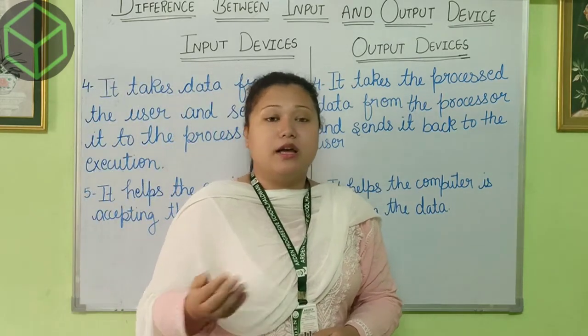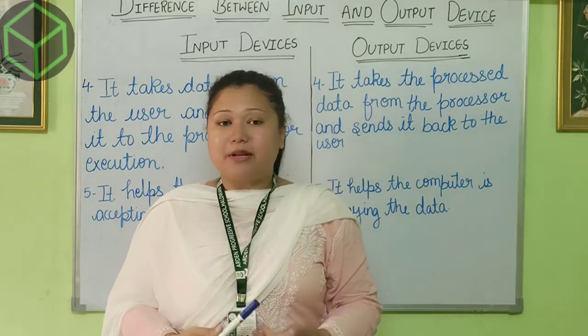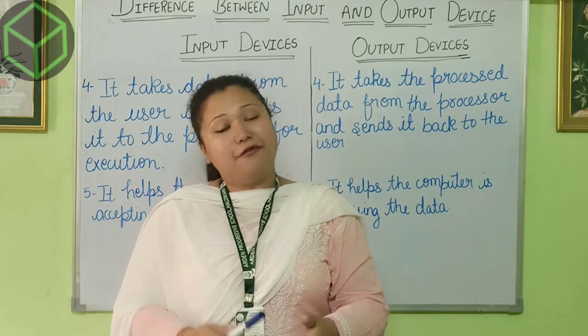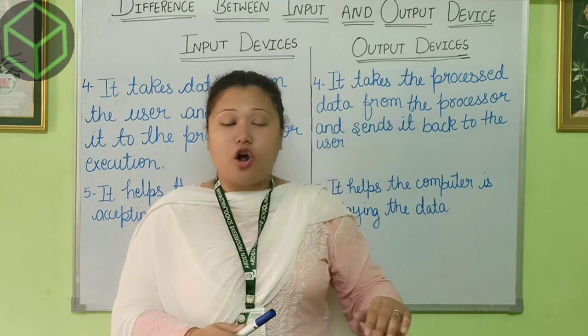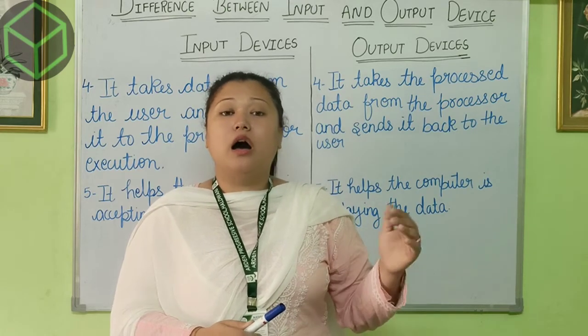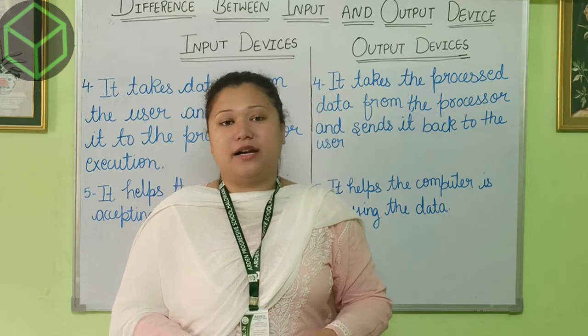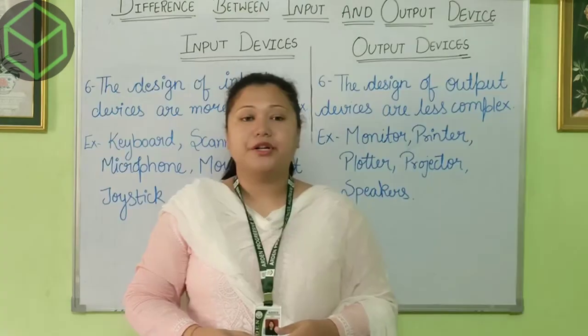Here the input device accepts data, after that the processor processes the data, and after processing, the processor forwards that data to the output device, and the output device displays the result.